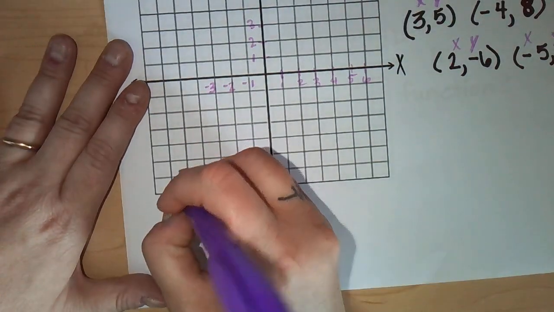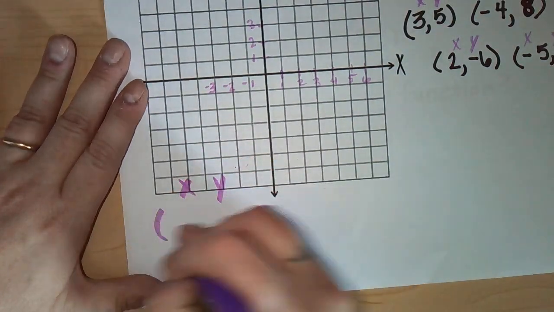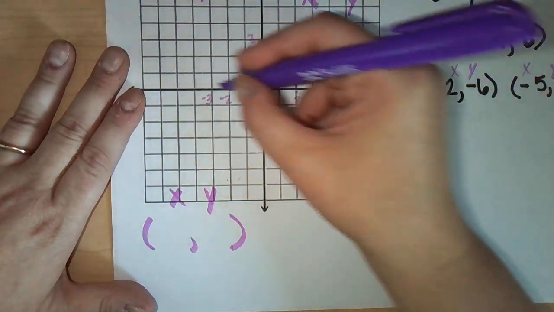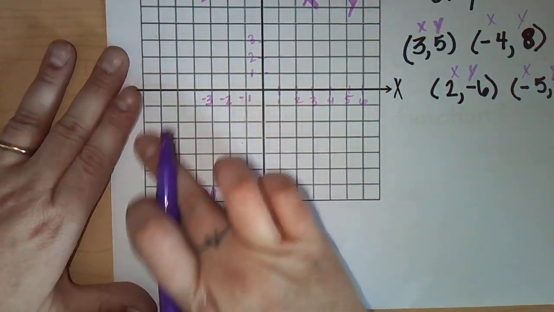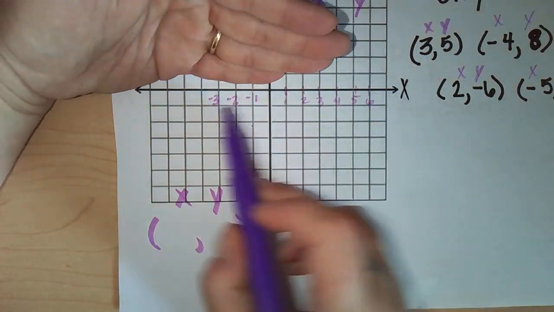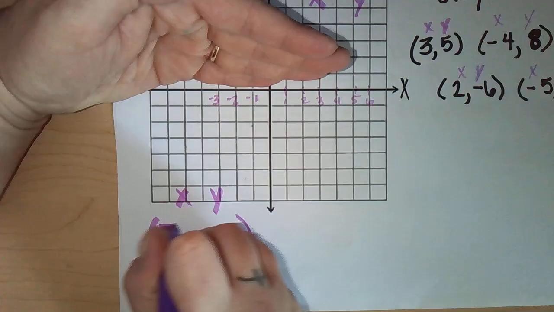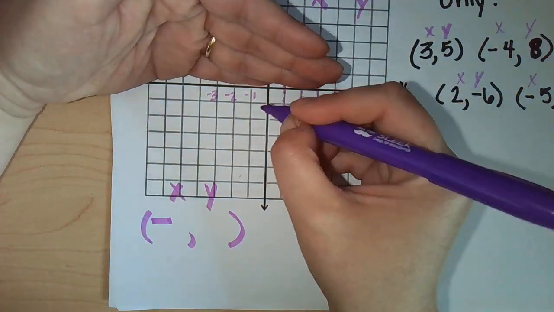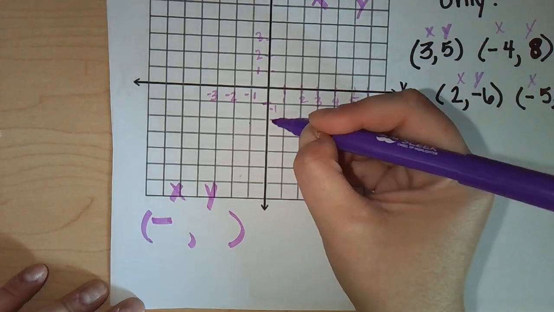Let's look down here. And if you know this, but you still want to review, just fast forward. Over here, in this bottom left, what surrounds it? Well, the negative X's surround it. And then the Y's, when I count down, those are negatives also.